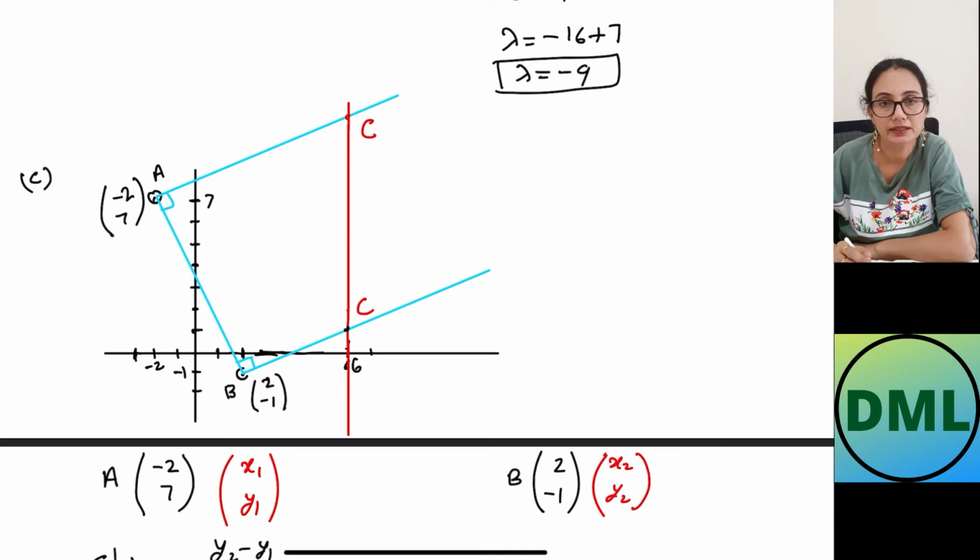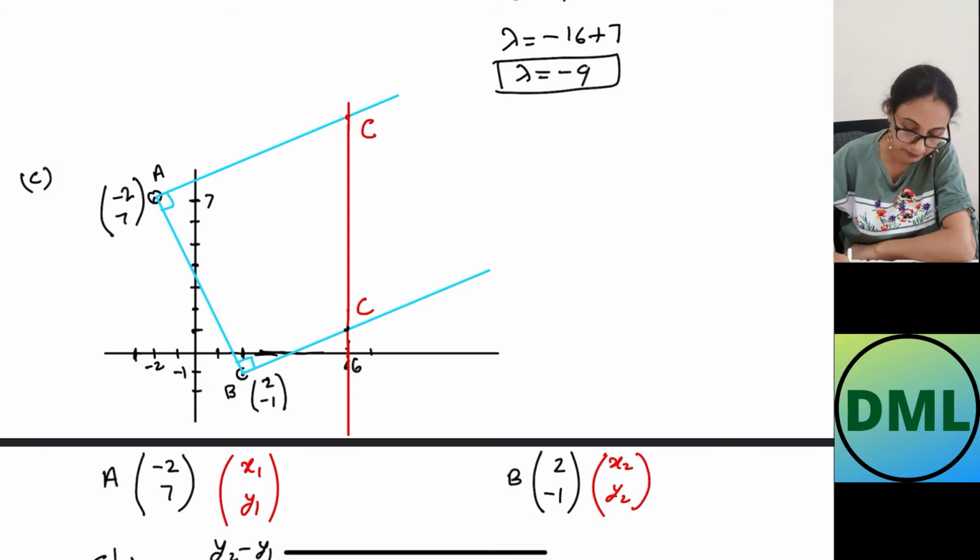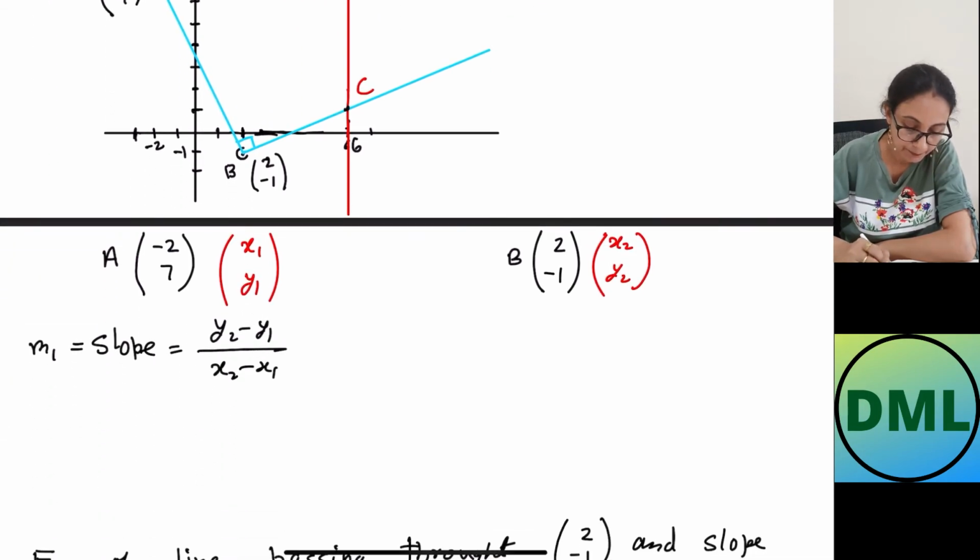So I will apply the slope form here. I will find out the slope of the line AB and then I will find out the slope of the line BC which is perpendicular to AB. So we will apply the normal formula here. Let's suppose that the point A is minus 2, 7, considered as x1, y1. B is 2, minus 1, considered as x2, y2.